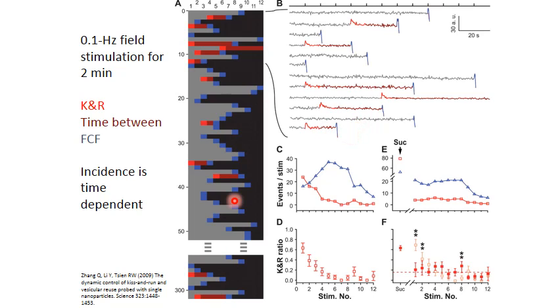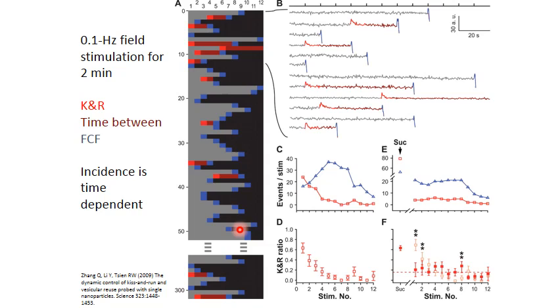So not only is the choice between kiss and run and full collapse and fusion dependent upon the previous history of recent use of that synapse, but also on which pools are available. So it appears that the readily releasable pool may be the pool that is undergoing the kiss and run, because in the absence of the readily releasable pool, we see very low incidence of kiss and run.